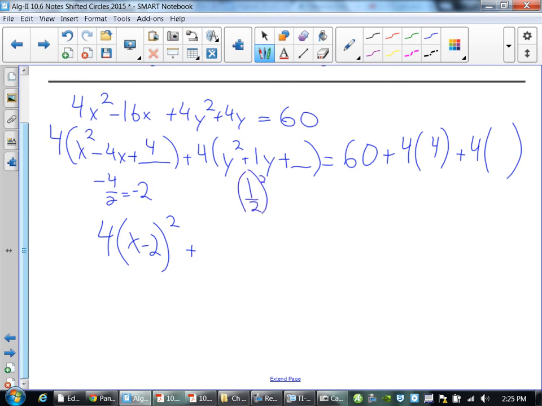Square it, what's 1/2 squared? 1/4. I'm adding 1/4. So here I get 4 times y plus 1/2 quantity squared equals, well, 60 plus 16 plus 1 is 77.